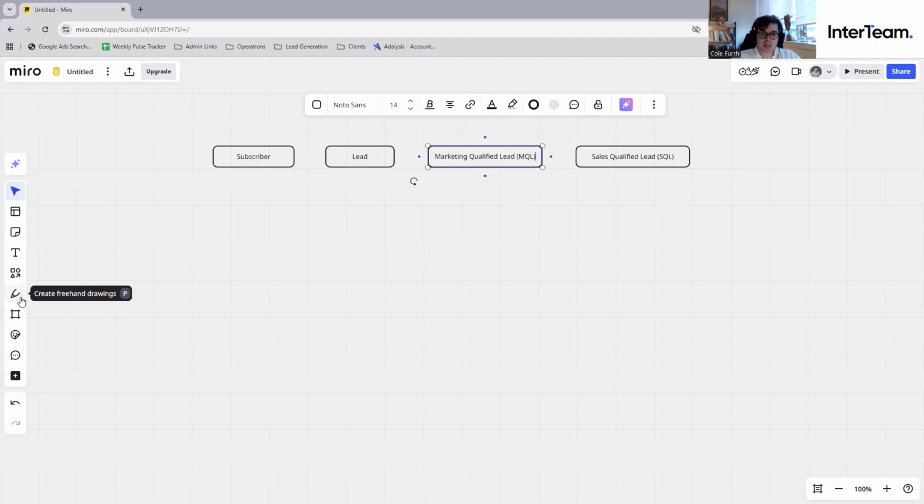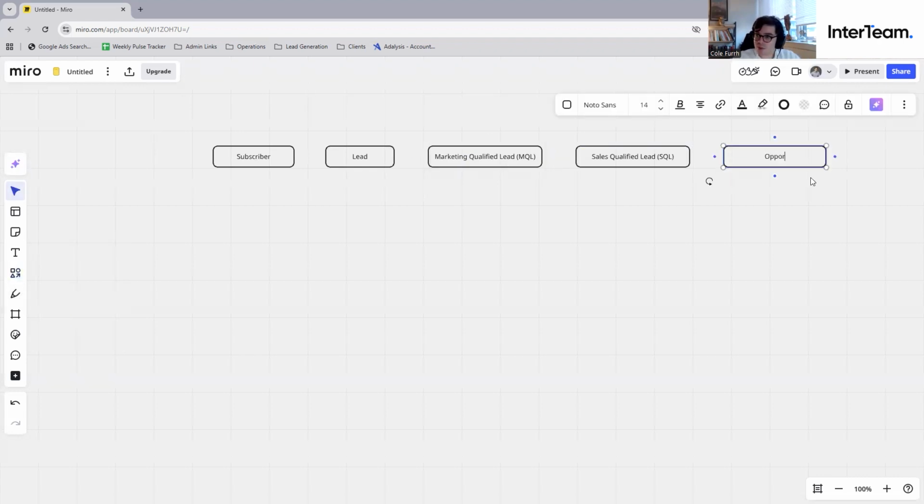The next stage is opportunity. So an opportunity is an SQL, somebody who connected with the sales team, had the call, and then received an offer. The important thing to note for marketing and conversion optimization purposes about opportunity is this is the first stage where you have a value associated with the lead.